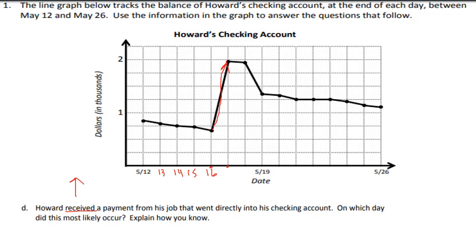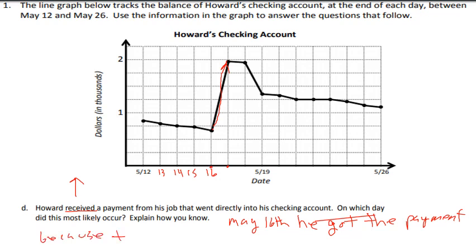I'd say on May 16th he got the payment because of the sharp increase in value on that day.